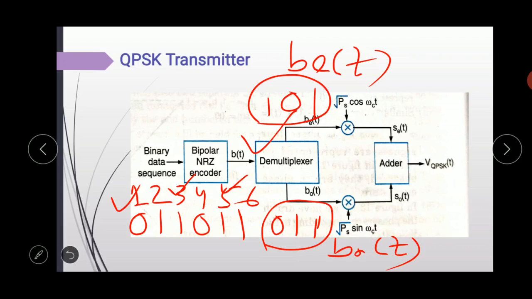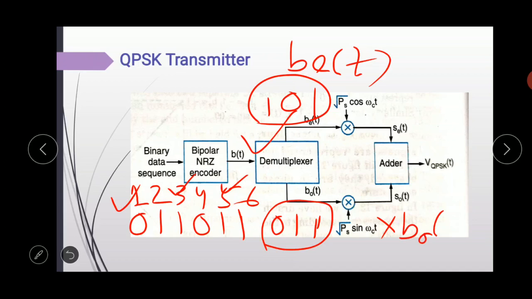At the output of the multipliers we get B E of t into root PS cos omega ct, and B O of t into root PS sin omega ct.